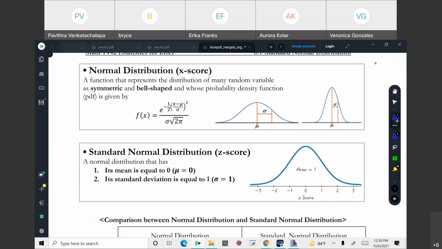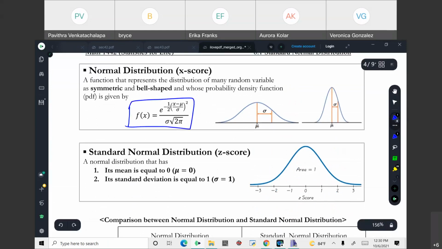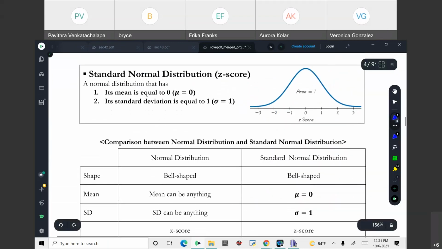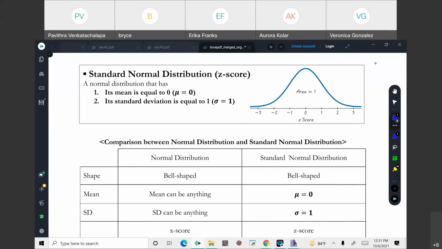In normal distribution, this is a formula. You don't have to remember this. Just know that for a normal distribution, we use X score. We are not studying this in this chapter. But for a standard normal distribution, we use Z score.